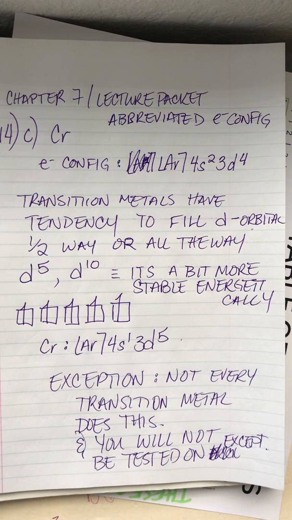If you were to write it, it's technically more correct, but I don't require students to know what's going on with the f orbital. So I would mark it correct if you gave me the f orbital, or if you didn't. Don't care. Okay, thank you.